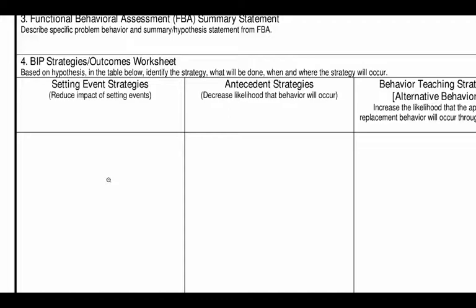Are you working with a nutritionist, for example, in order to address the person's nutritional status and perhaps their eating behavior? Are you working with an occupational therapist, for example, to address issues centered on the person's development of various motor skills where they may have deficits? So all the setting event strategies are listed.